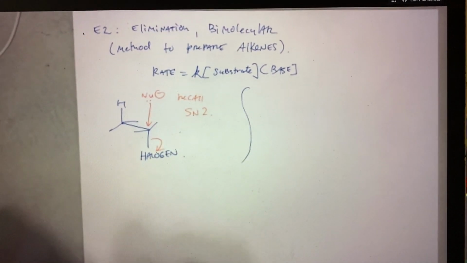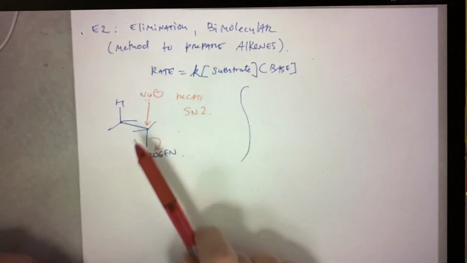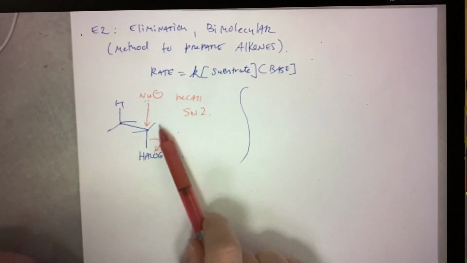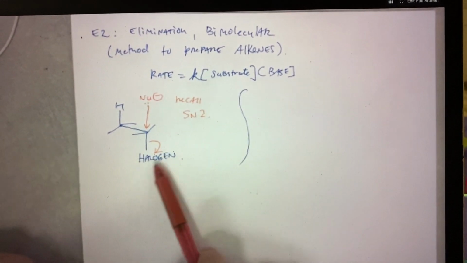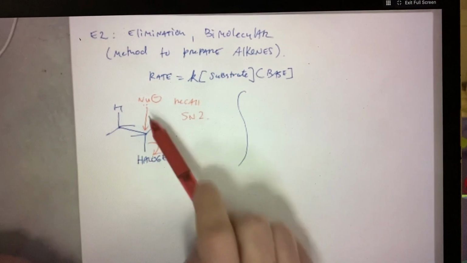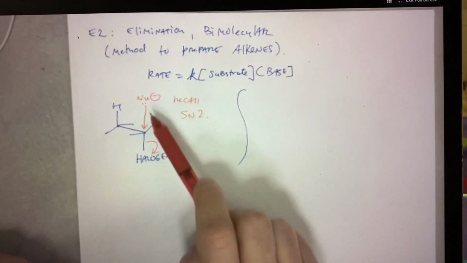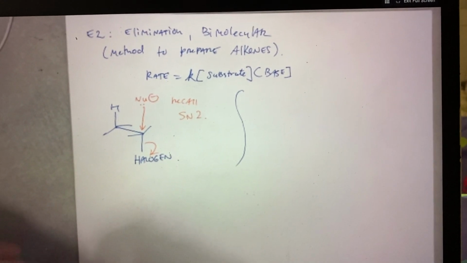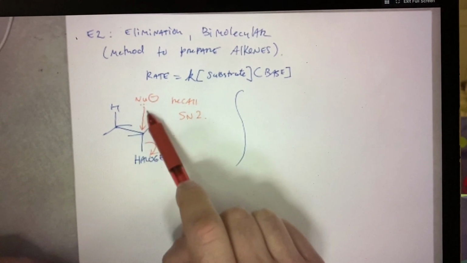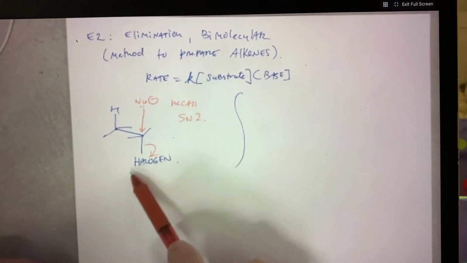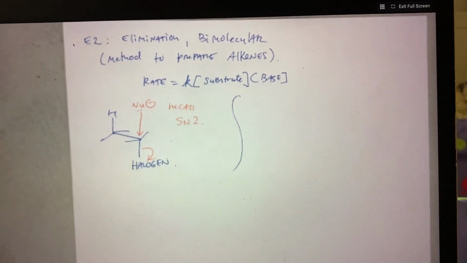It happens all at once. Nucleophile matters, substrate substitution pattern matters, how bulky it is, leaving group matters, solvent matters. These steps all happen at the same time. And we also know that there's an inversion of stereochemistry since the nucleophile can only attack from the backside of this carbon-halogen bond. So this is just a quick recall.